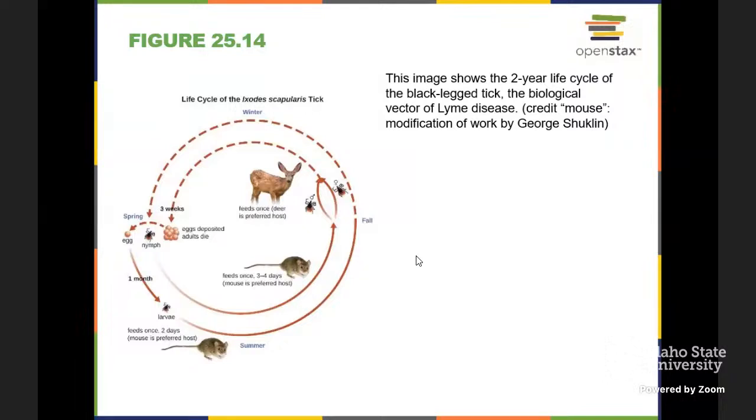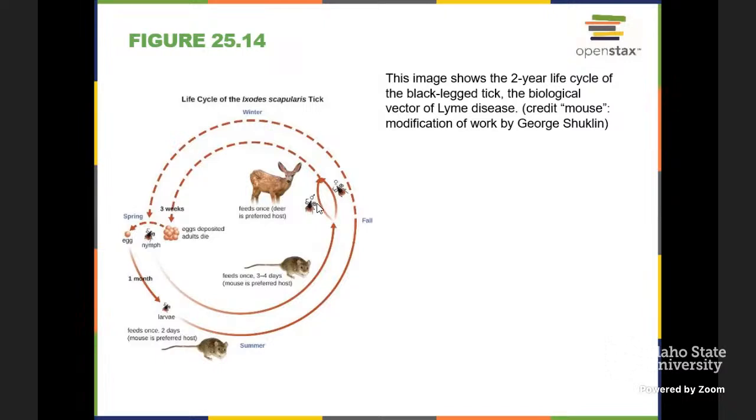Lyme disease, another tick-borne parasite, not the same, but kind of similar to our relapsing. This, I think, is pretty impressive as far as the life cycle of the tick and the bacteria go. Male and female ticks, when they start off as these little nymphs as they hatch out of the egg, technically are already infected.